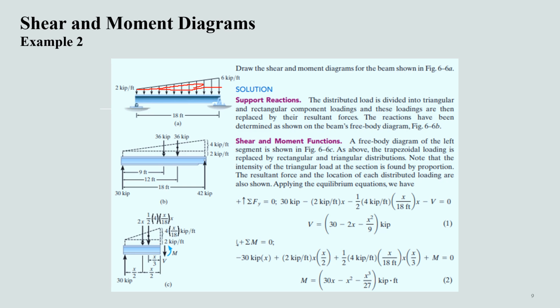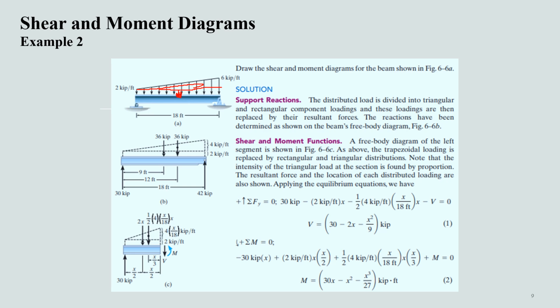For the uniformly distributed load, its centroid will be coincident with the center point of the beam along its length. Thus we have 2 into 18, 36 kip load that is being applied at a distance of 9 feet from the left end of the beam, or also from the right end of the beam.